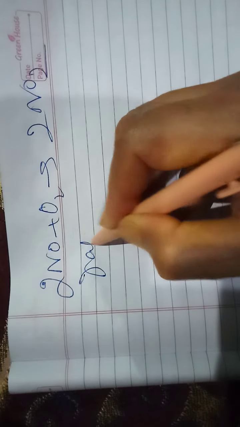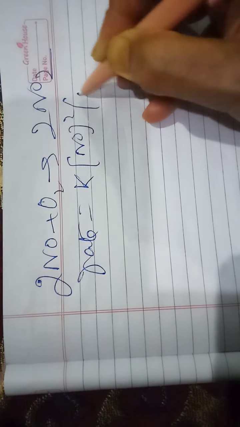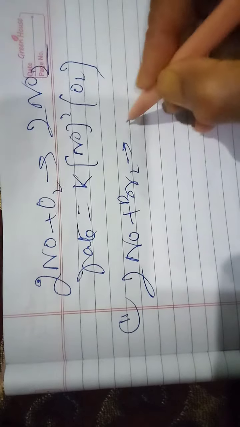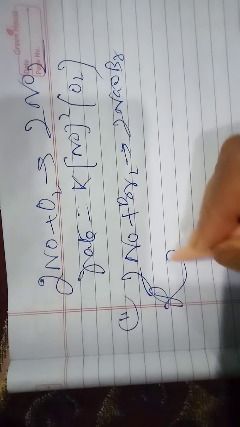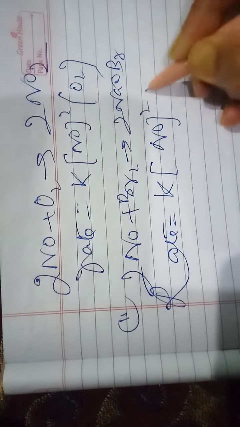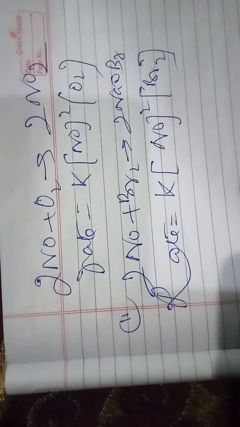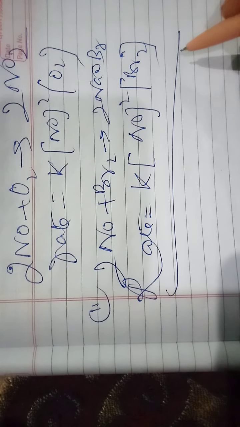Here rate is equal to k into [NO]^2 into [O2]. Another example: twice NO plus Br2 gives twice NOBr. So here rate is equal to k into [NO] nitric oxide squared into [Br2] bromine gas. Okay, so that covers first order reaction, second order reaction, third order reaction.